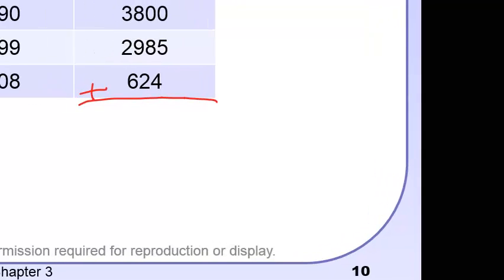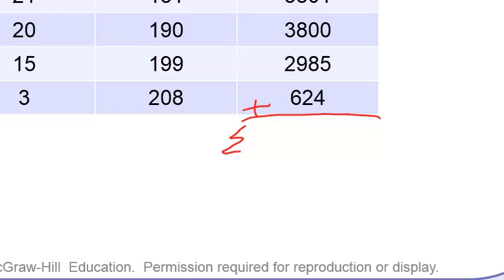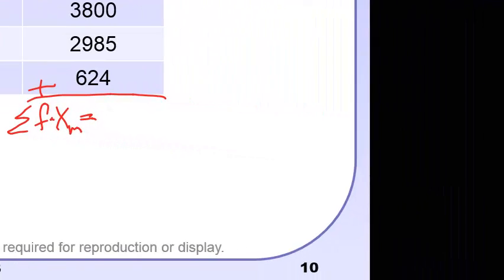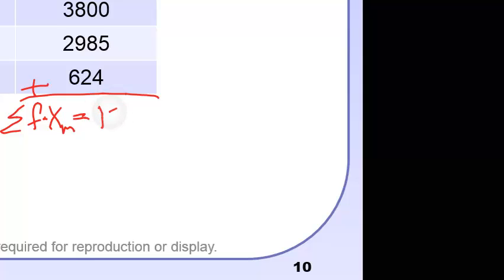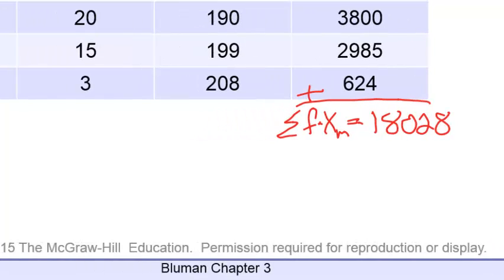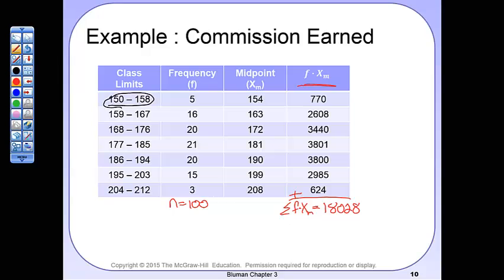So the sum of my f times my x sub m in this case is going to be 18,028. I also need to know what my n is, which is 100. That's if I sum up this second column and the fourth column.